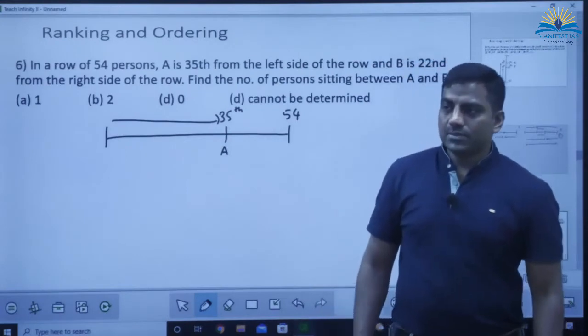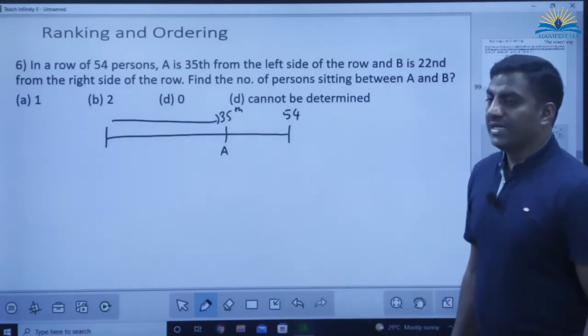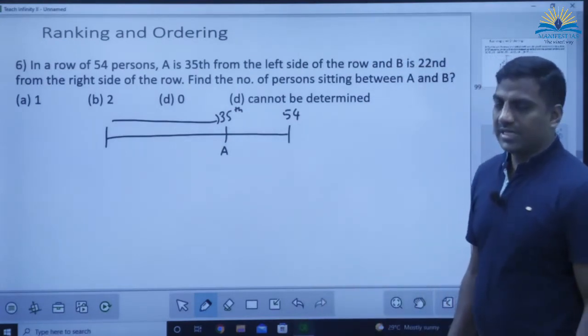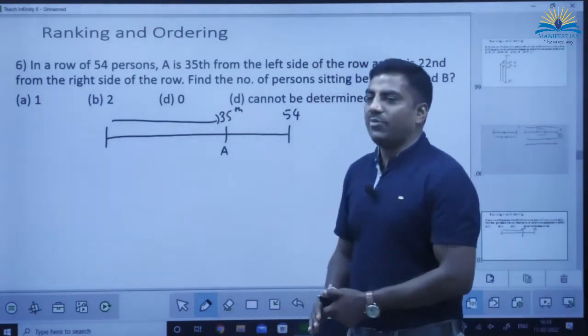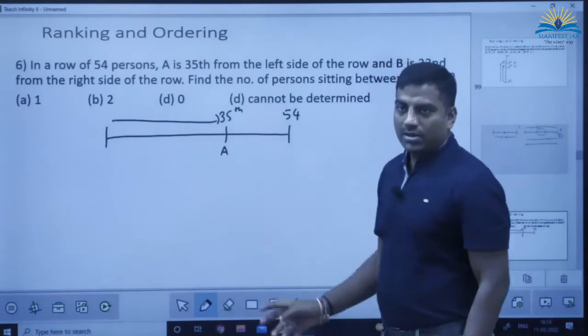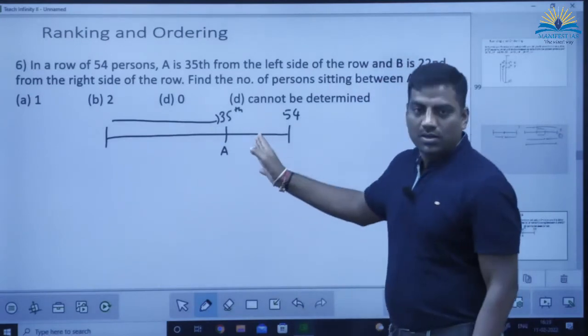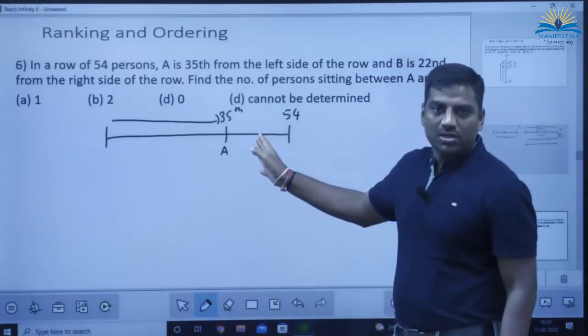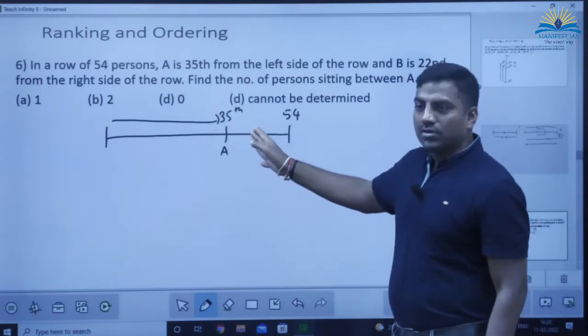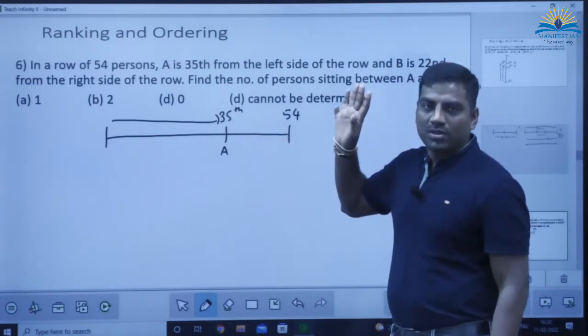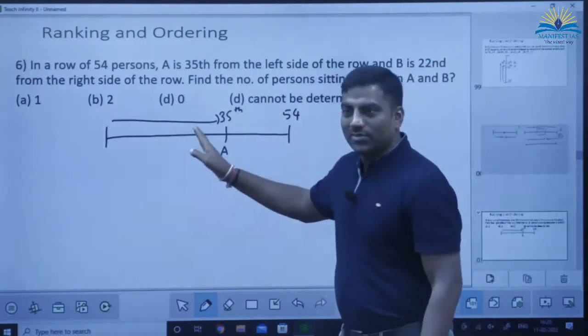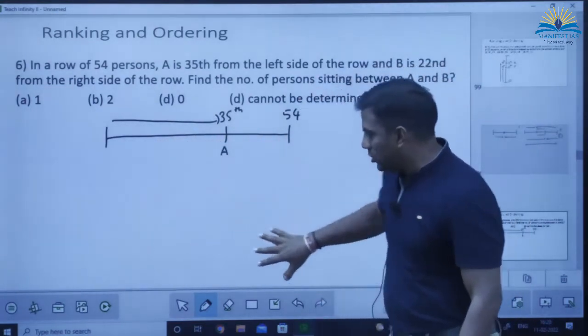B's position is 22nd from the right. Now, in this diagram, where should I write B? Here or here? Here, sure. You will say, sir, there is space here, more space, even here also space is there.